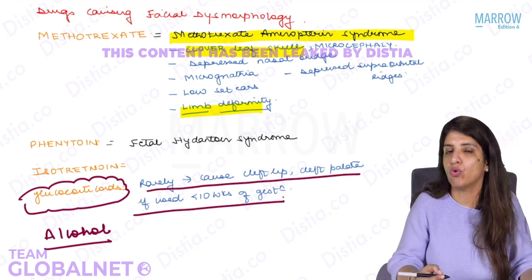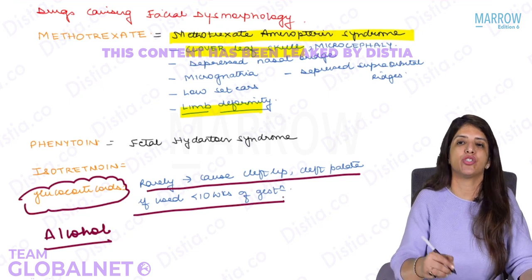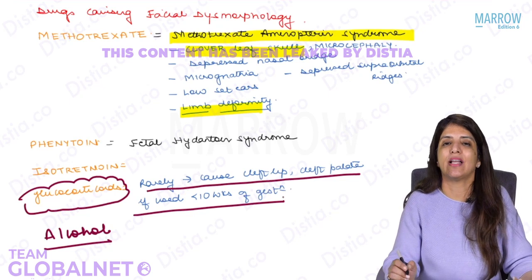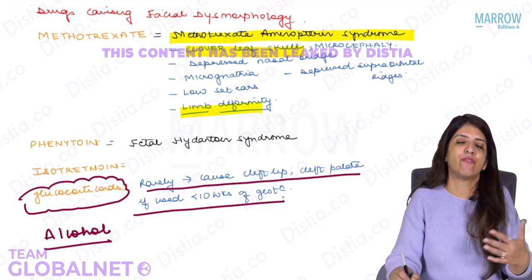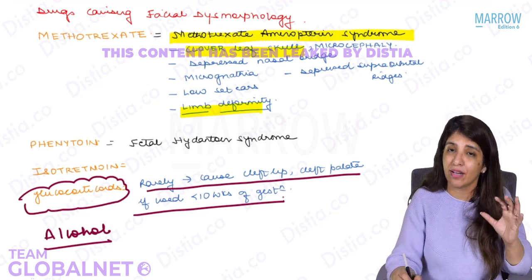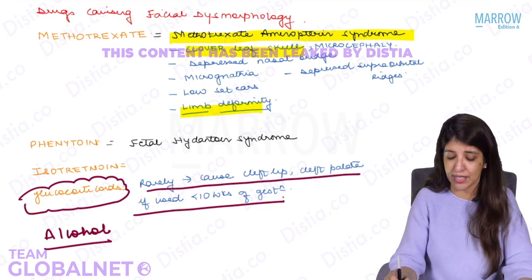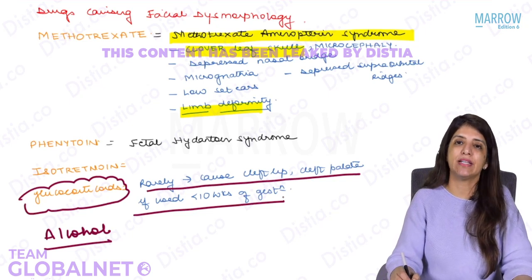Normally, we are using glucocorticoids for lung maturation, and that is used at a later week of gestation, right? But in cases of congenital adrenal hyperplasia, we have to use glucocorticoids, and it has been seen that rarely glucocorticoid use at less than 10 weeks can lead to cleft lip and cleft palate.